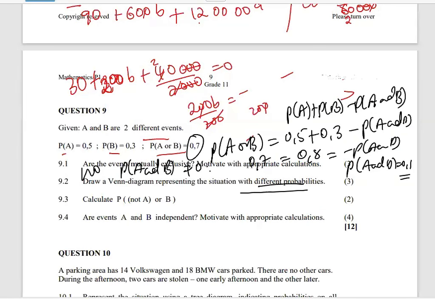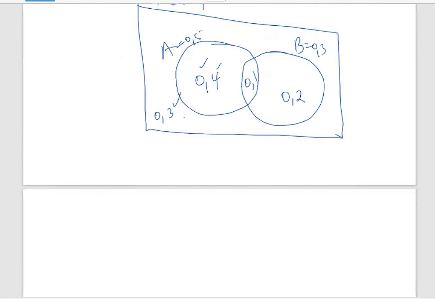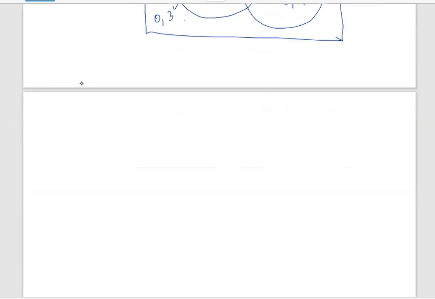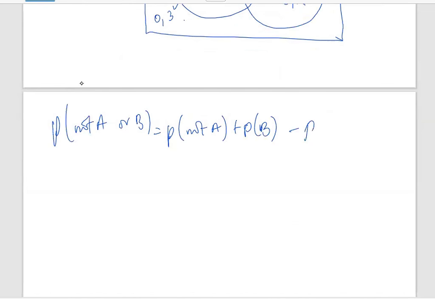Then calculate the probability of not A or B. Okay, so we're saying the probability of not A or B is going to be the probability of not A plus the probability of B minus the probability of not A and B. That's one thing that we need to look at, meaning that we have 0.5.